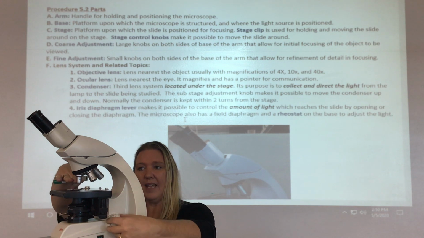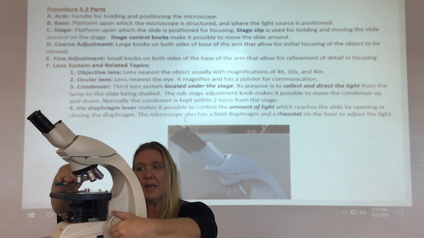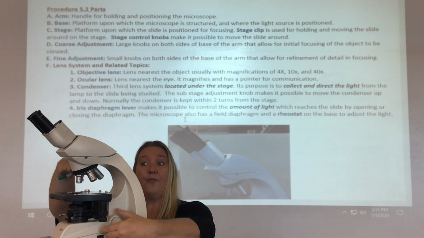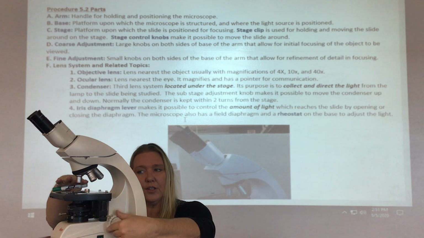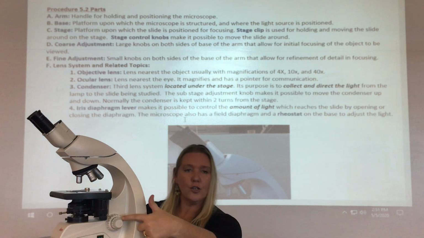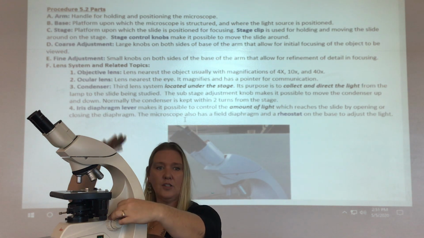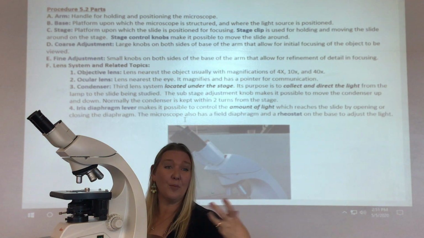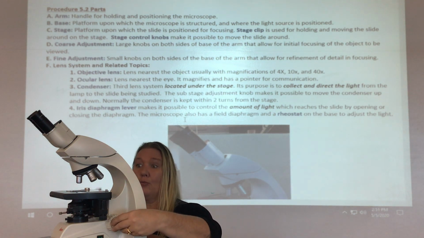It's going to go down. You can move that stage farther away to focus, probably not this far, or closer to focus. When I turn the larger one, the one closer to the back, it moves the stage a lot, in big increments at a time. Coarse, as in rough.